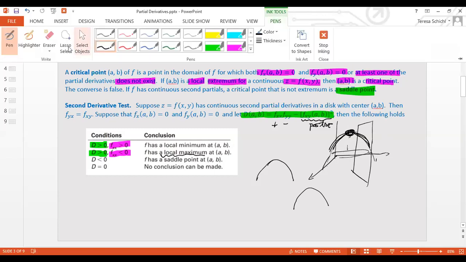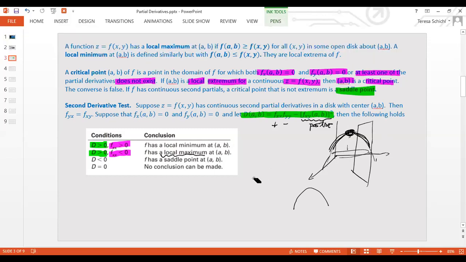In the same way, if f_xx is greater than 0, then f_yy has to be greater than 0 here. That means both of them, when you take cross sections of the solid, open upward, so you're going to have a local minimum here.